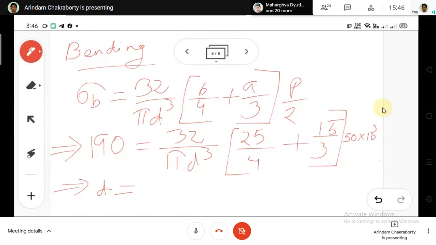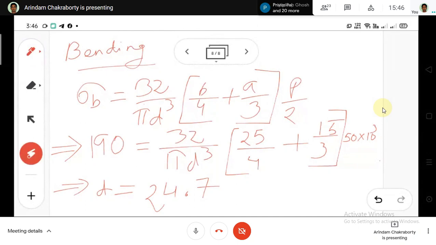What is the value of D? It's a very big calculation, but it's not so big. 24.7. Anyone else?